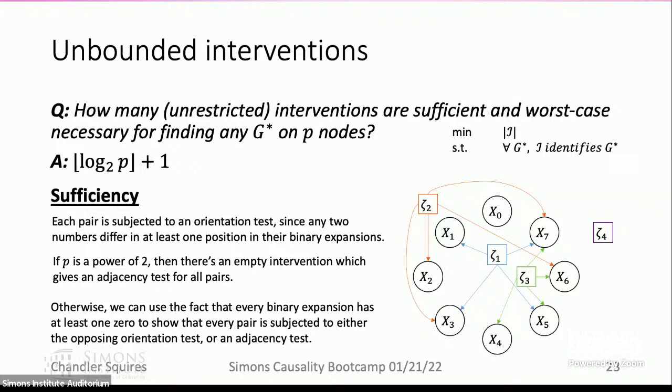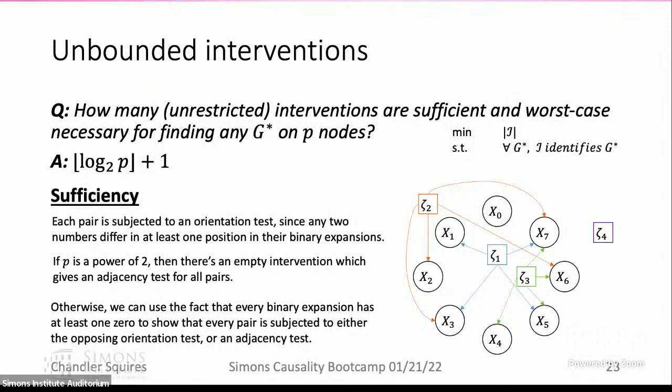And then I have to ask myself, okay, I have my structural orientation test. Now I need either an adjacency test or the opposite kind of structural orientation test. So let's say, for sake of contradiction, that there was a pair of variables where we didn't have either of those.